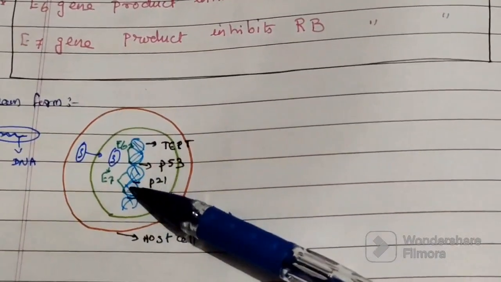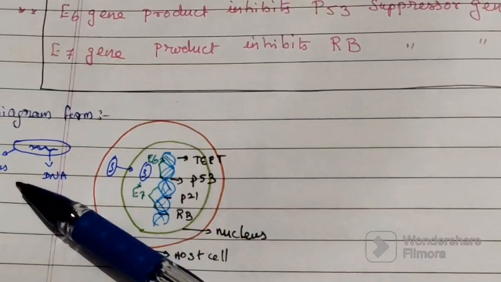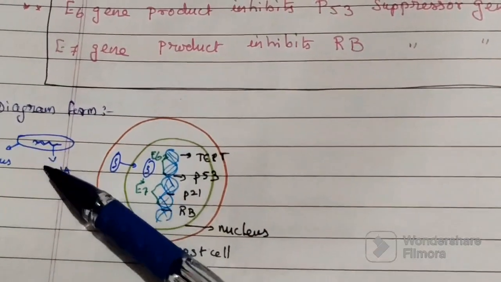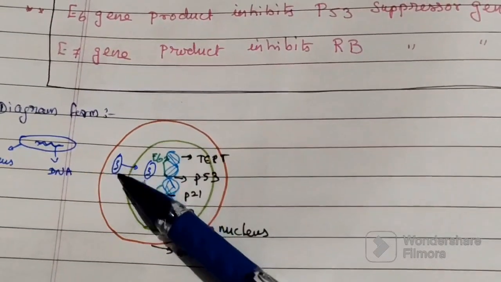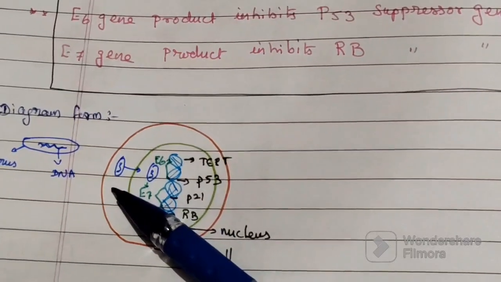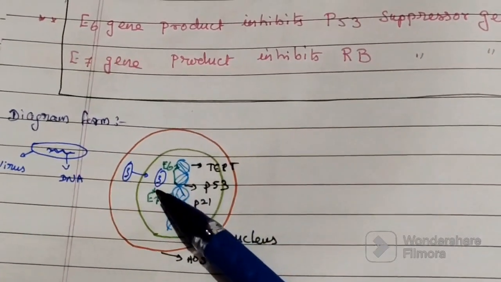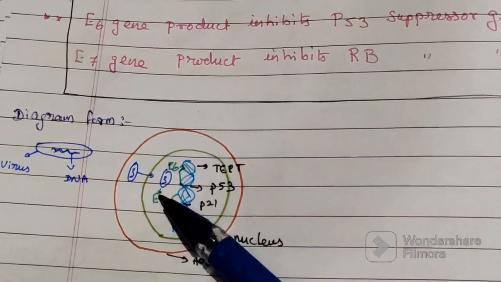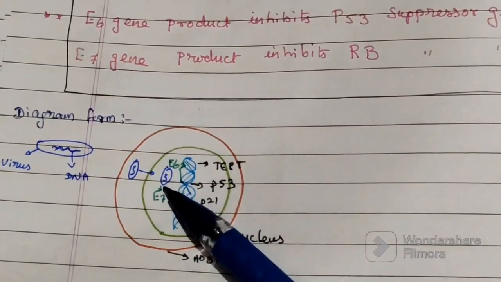When the virus enters, the viral DNA enters the cytoplasm first. After that, it will reach the nucleus.